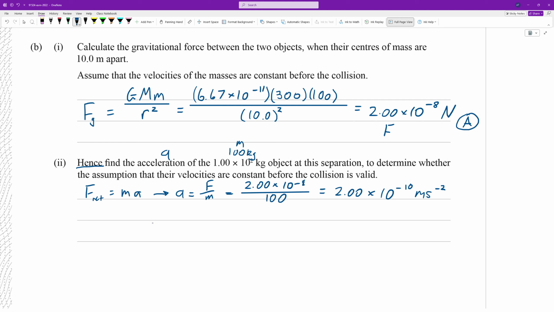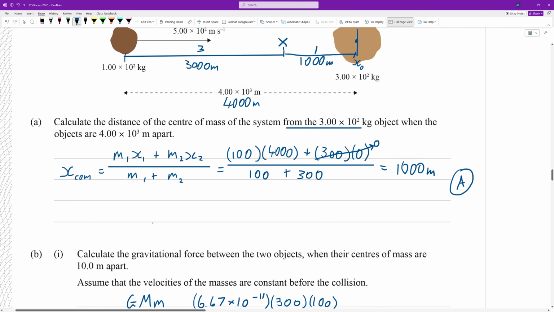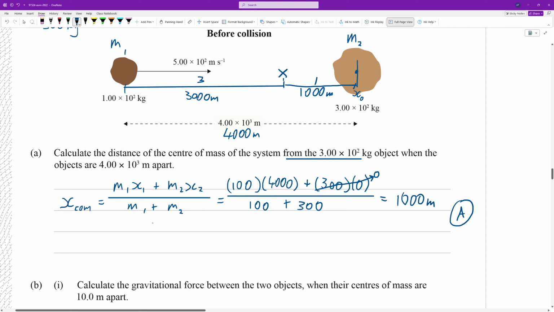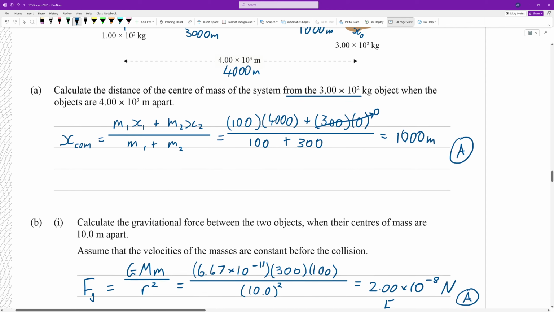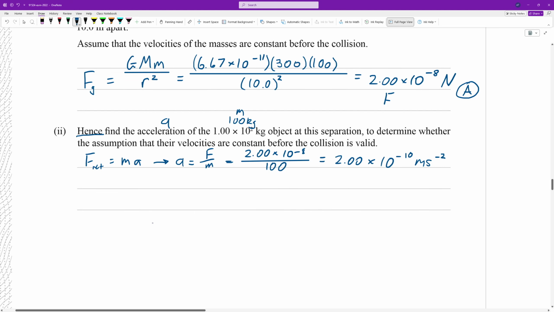So determine whether the assumption that their velocities are constant is valid. Okay. So they've come closer together. They're 10 meters apart, and we've assumed that their velocities are constant. Well, we've just shown that the 100 kg object is accelerating. We could also show the same for the 300 kg object.